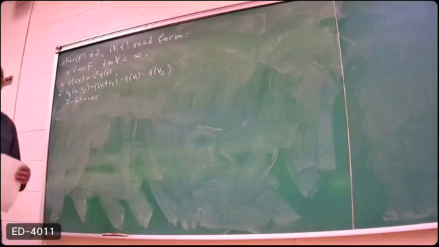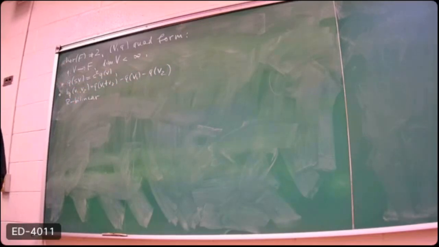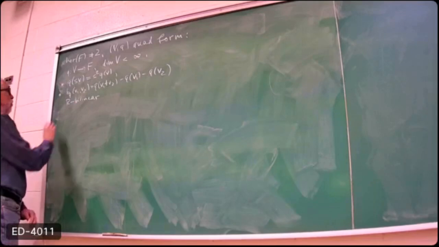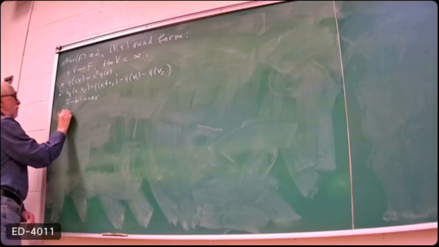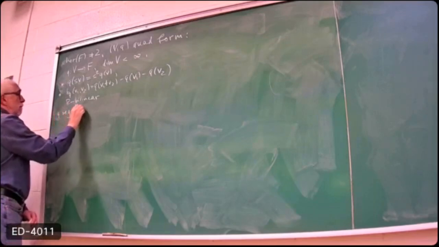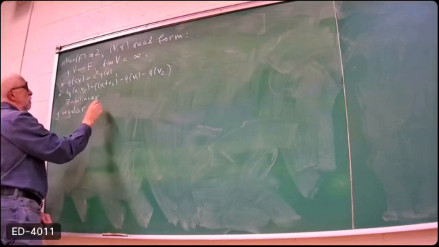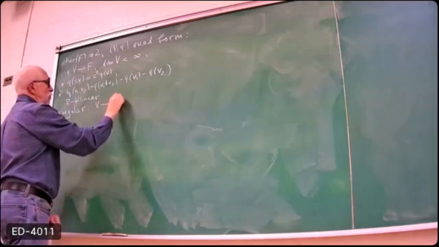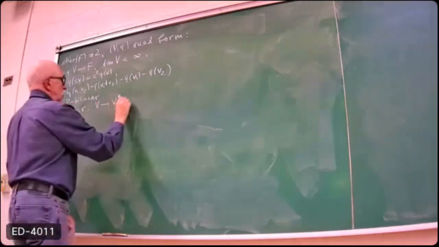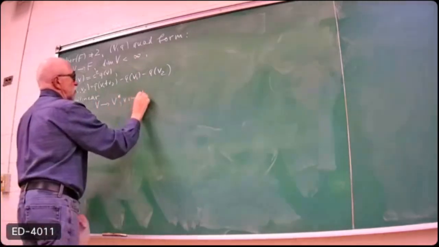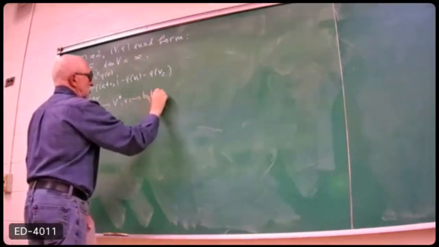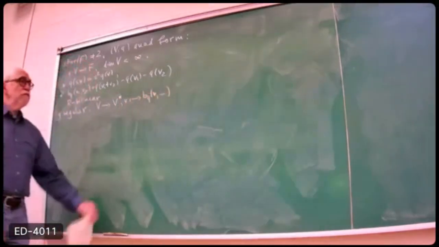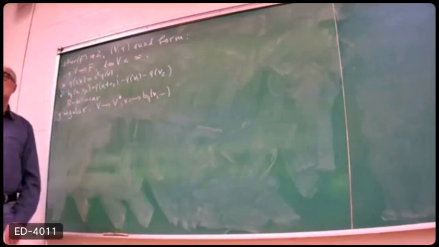Then we introduce the concept of a regular quadratic form, which is the following. Q is regular, meaning that the canonical map from V to V star sends a vector v to the polar form where the first argument is fixed.